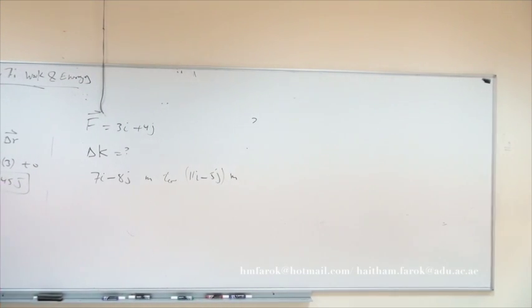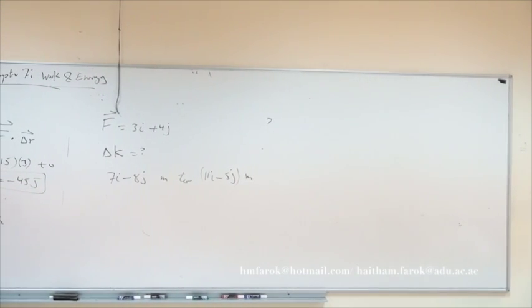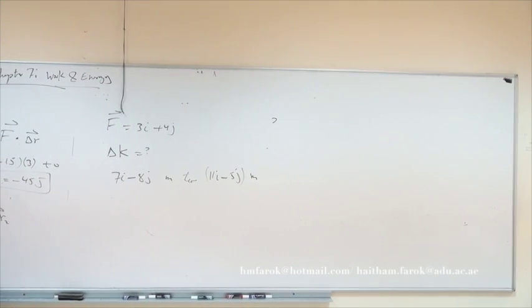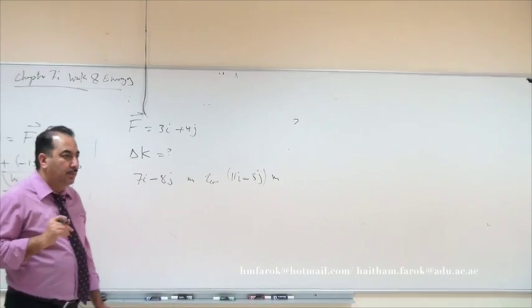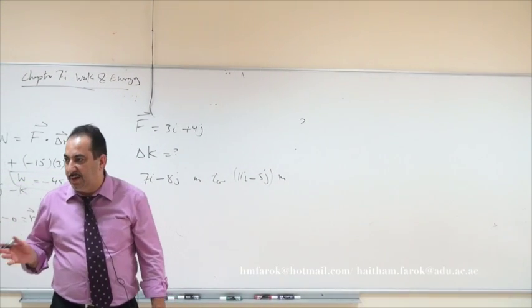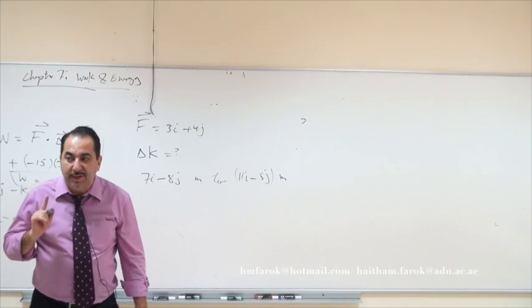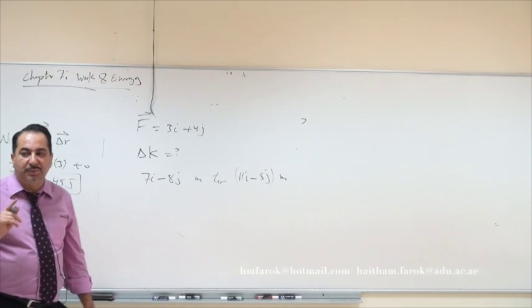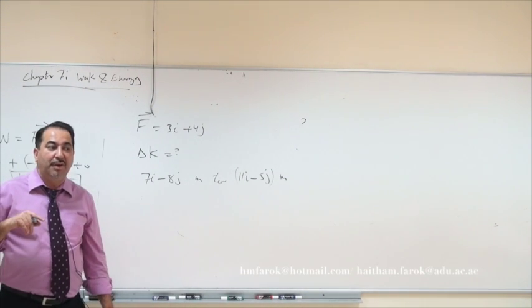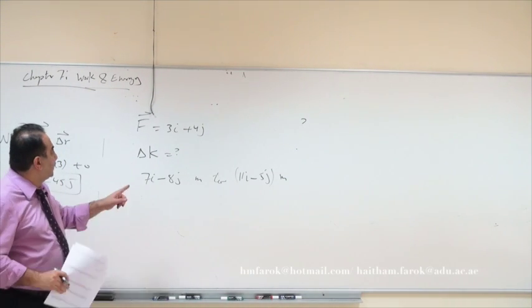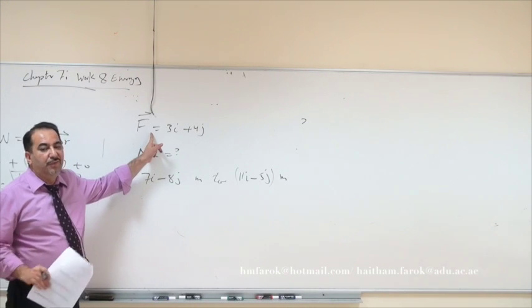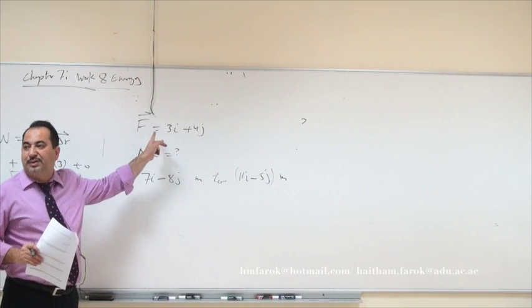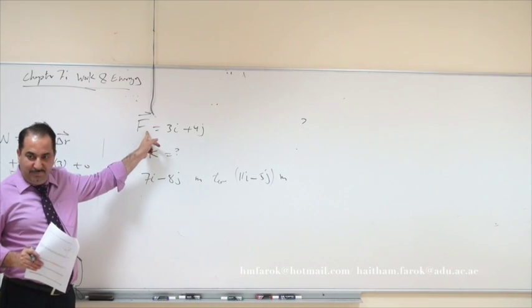Right. Remember the central equation? W net equal to the change in kinetic energy. That's W net, which means W for F net. In this question, this F is resultant force or not? So this is F net.